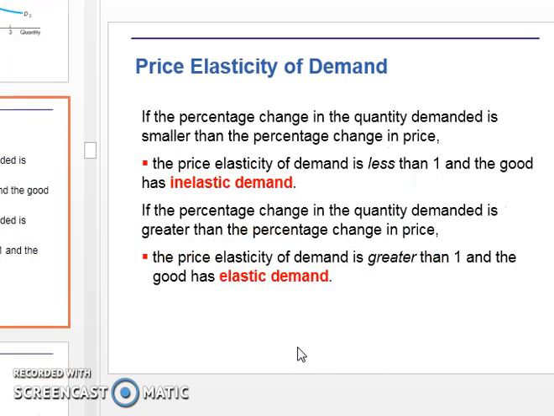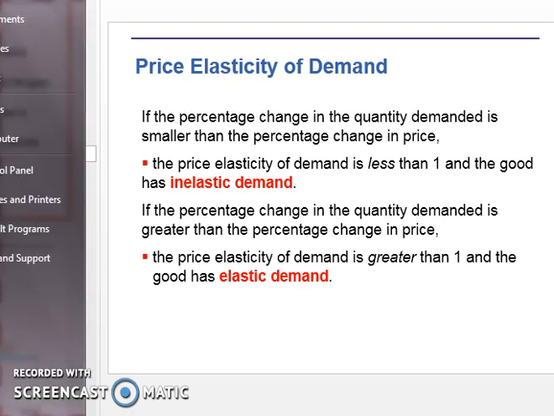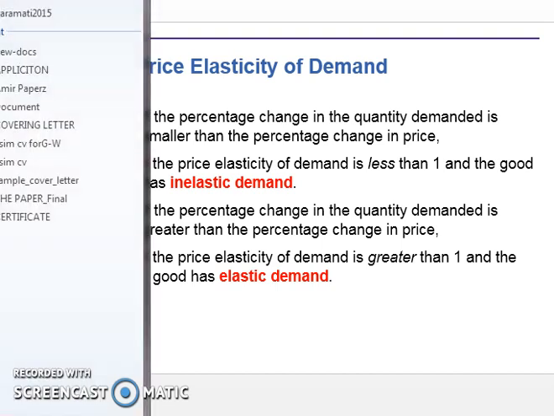There are two more cases between these, relatively elastic and relatively inelastic. You can try to understand by drawing these two cases.